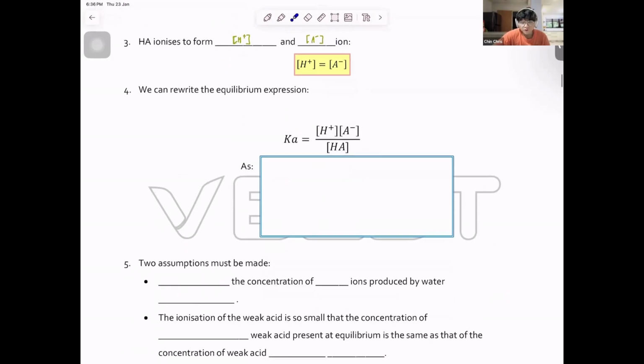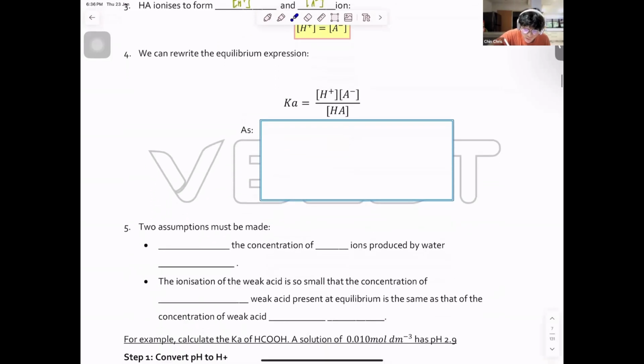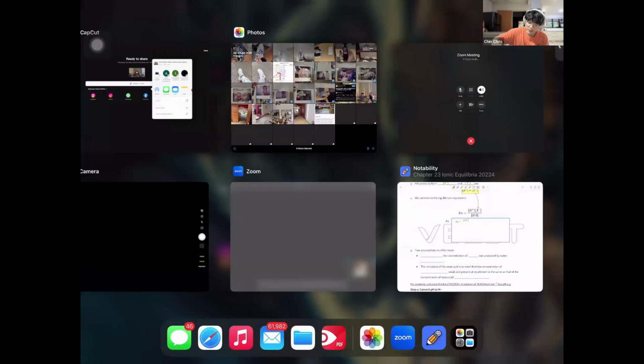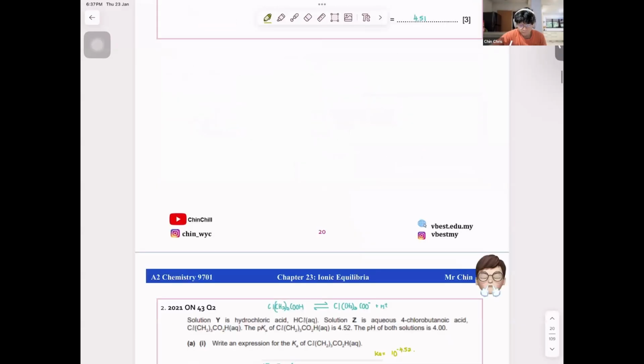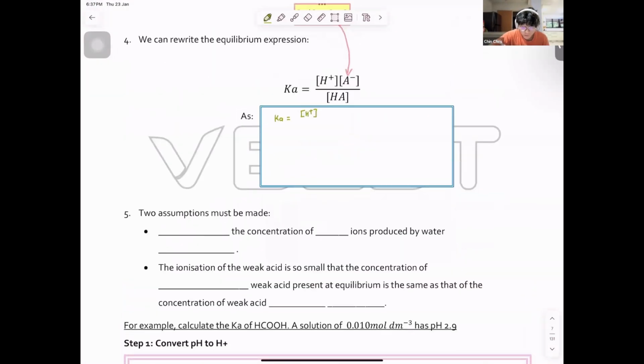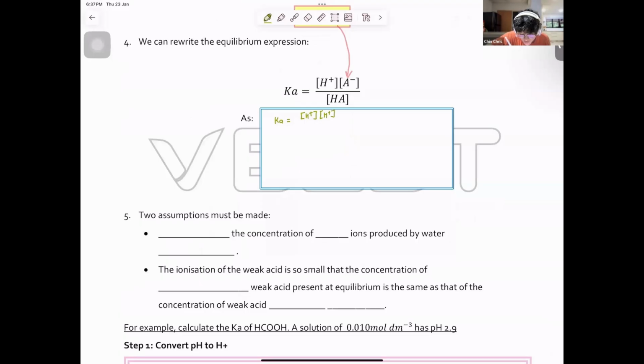Since H plus and A minus have the same concentration, I can rewrite it as Ka equals H plus times H plus over HA. I can also write it as Ka equals H plus squared over HA.